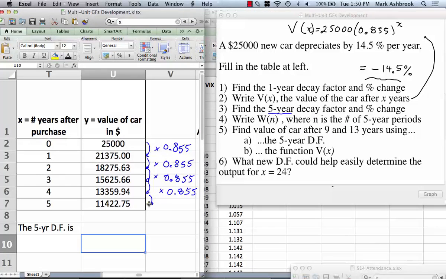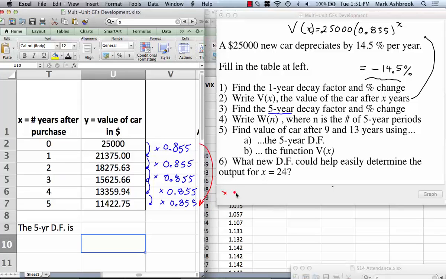And so to get that, he said, well, it's the same thing as multiplying by 0.855 1, 2, 3, 4, 5 times. So it's equivalent to 0.4560, one whole factor that would take us all the way, for instance, from the value at 0 years to the value at 5 years.